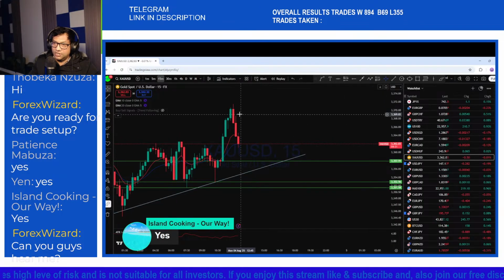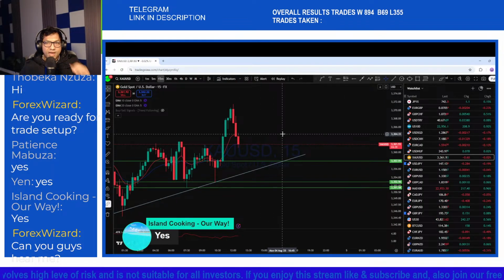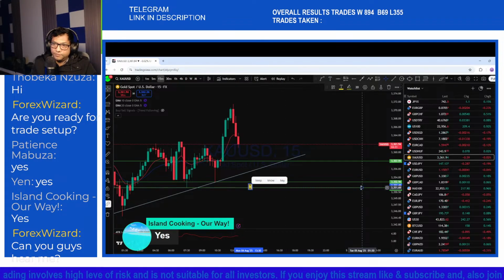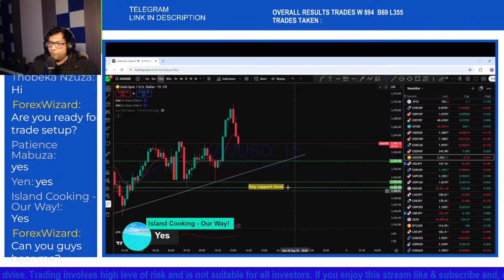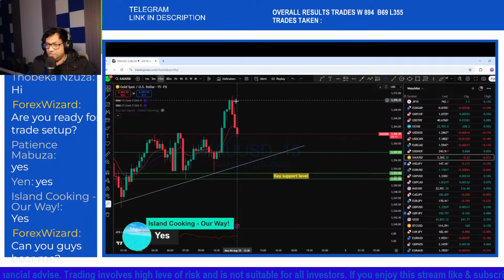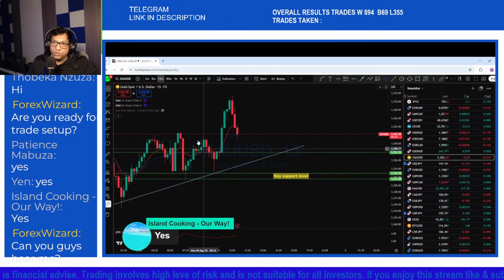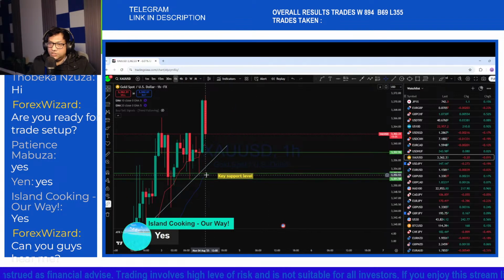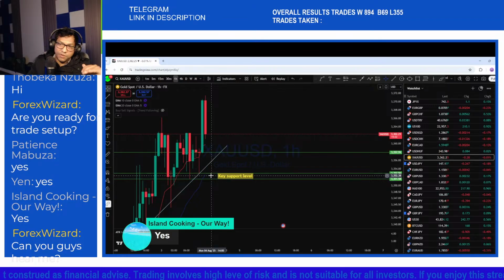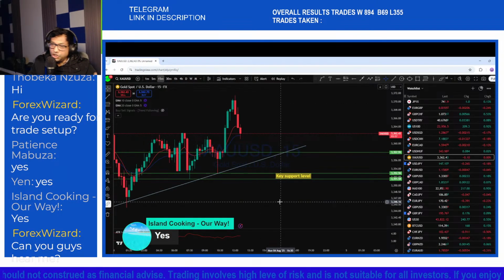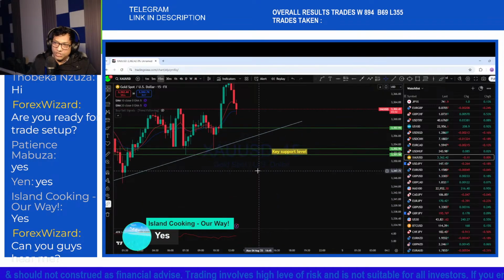Already we see there is a drop. Now, why did I look at that area other than any other area? This is a key support level, right? From this key support level, if the price is hitting that key support level with stronger momentum, also there is the 1 hour 20 EMA. The price in the past has been respecting this 1 hour 20 EMA, and now potentially is coming to test it.